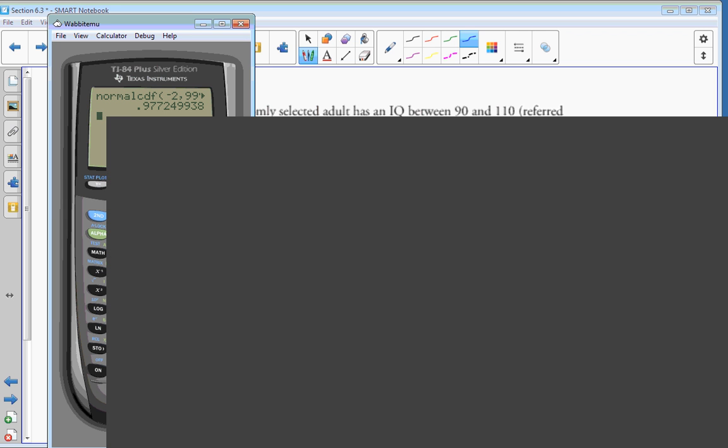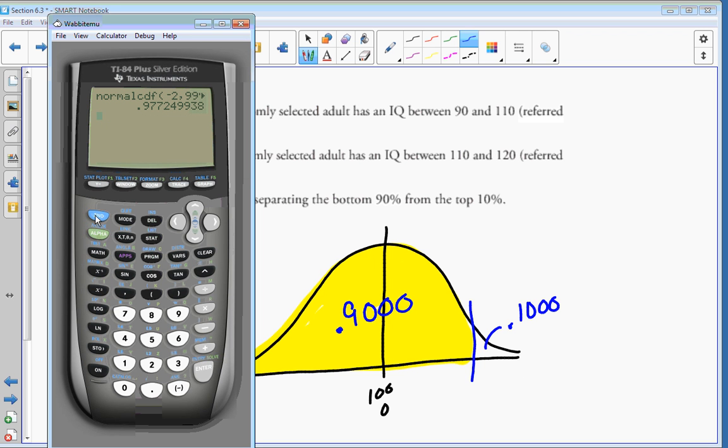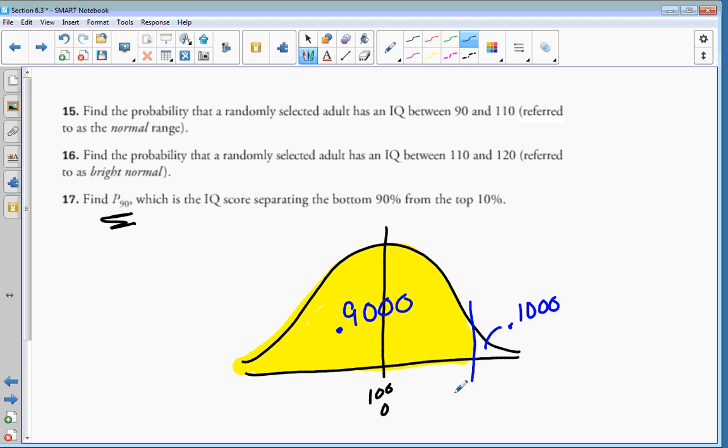And now this time, remember, I have area and I want Z, so I'm going to go to second distribution, and I'm going to go to inverse norm. The area is 0.9000, coming all the way down and hit paste. That means my z-score is 1.28. Remember, round z-scores to 2 decimal places. 1.28.